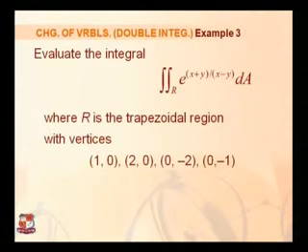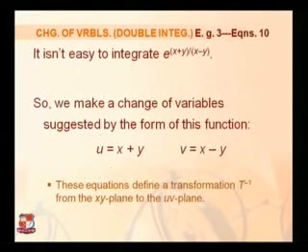Okay, so this is another example of evaluating the double integration. Here R is the trapezoidal region with vertices (1, 0), (2, 0), (0, -2) and (0, -1). So if we take the change of variable u is equal to x plus y and v is equal to x minus y, then we need to find the Jacobian, which is del uv by del xy.